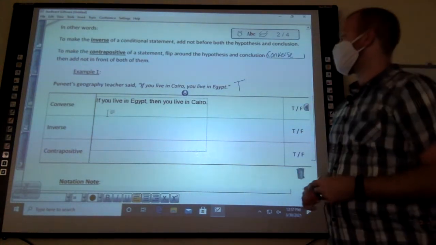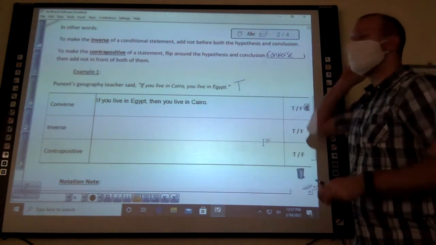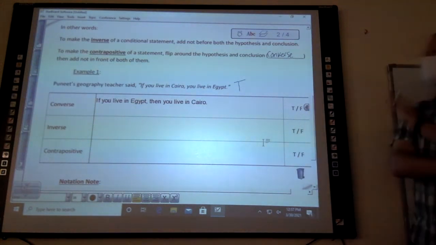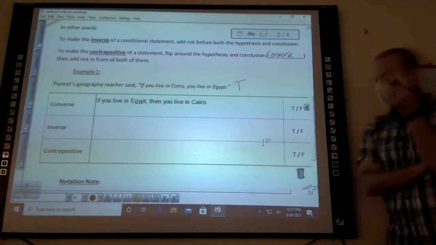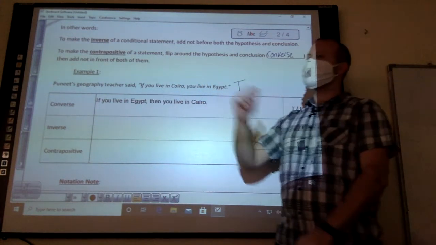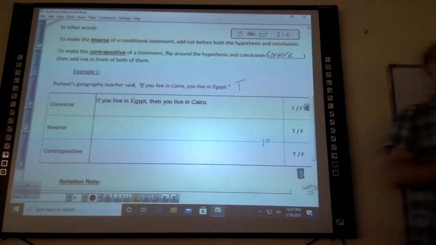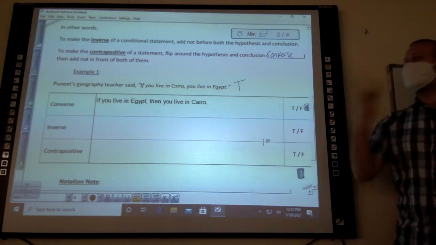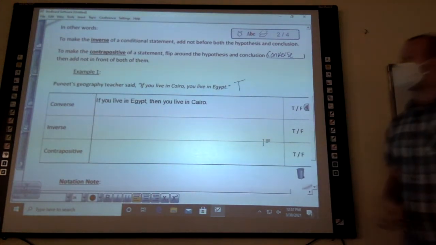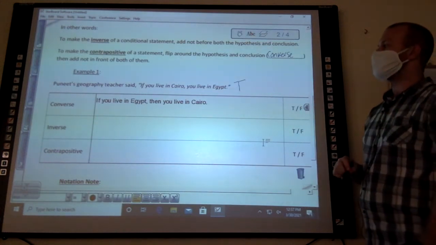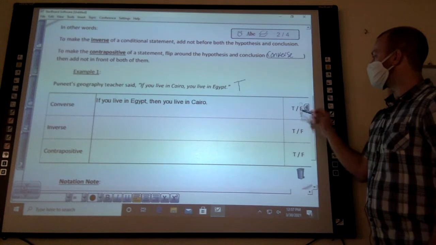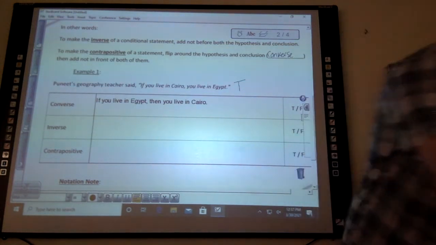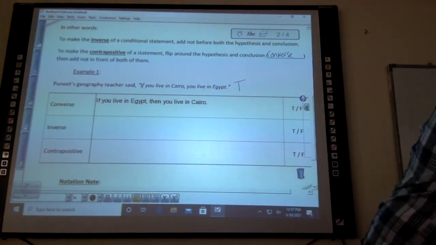Well, let's think about this. Yesterday I talked about a counterexample. So what would be a counterexample to prove this false? What would be a situation where you live in Egypt, but it's not in Cairo? Alexandria, Fayoum. Yeah. So any other city than Cairo you could live, and you're still in Egypt and not in Cairo.